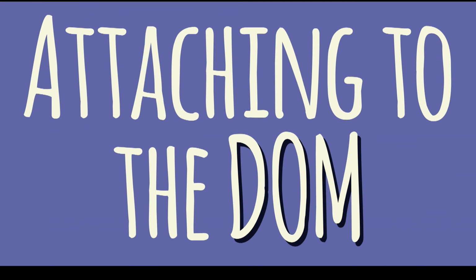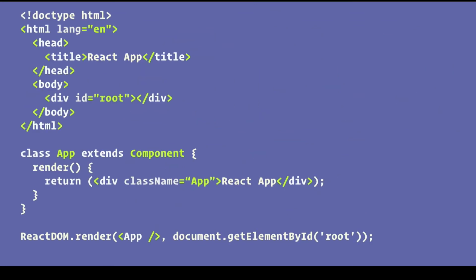So the fourth part of the 4 parts of the React application is just attaching it to the DOM. And again, this is just for your knowledge, because if you do a create React app through the command line, which is what we're going to do for our project, it already does this for you. But just so you know, you have to make a JavaScript call that attaches your component app to the DOM.